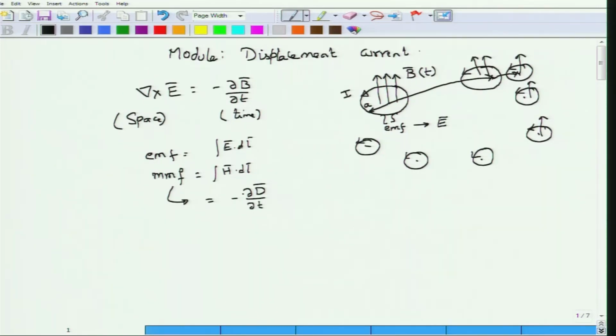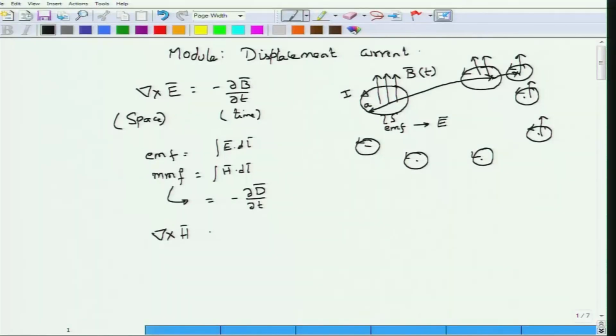Will this happen? Will there be a situation where the electric flux density associated with a conductor or a circuit would change and it would introduce magnetomotive force, which would mean there will be a changing magnetic field, correct. Now in point form, you might be expecting us to write curl H is equal to minus del D by del t. Why have I written del D and not del E? The reason is clear.